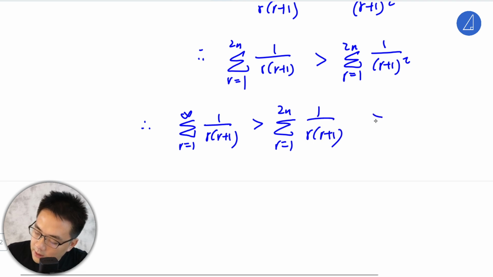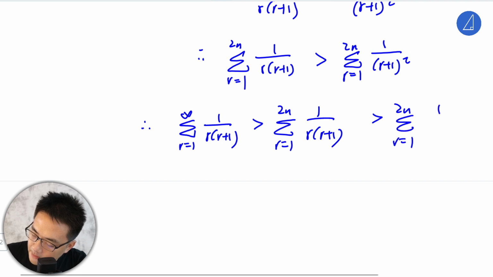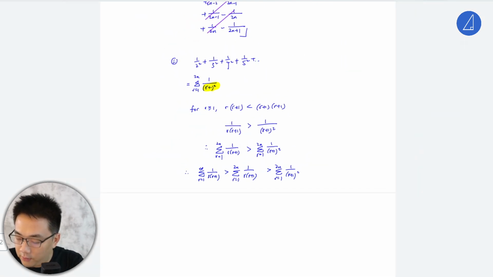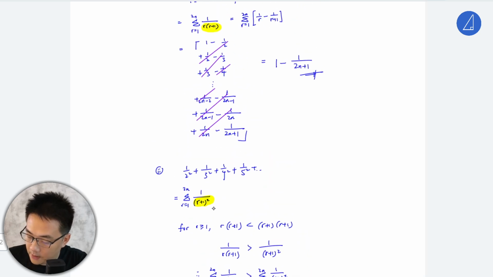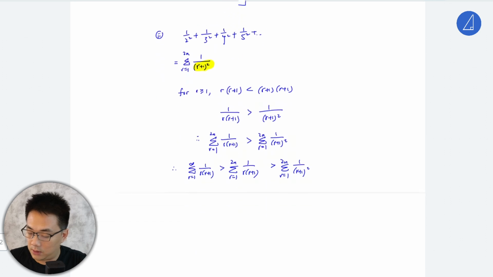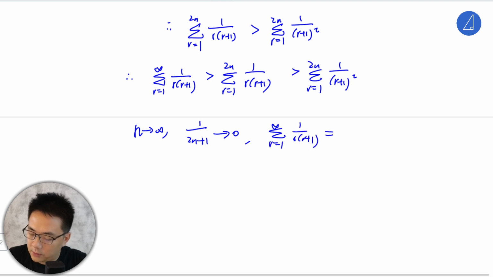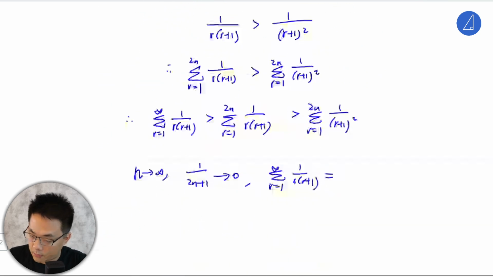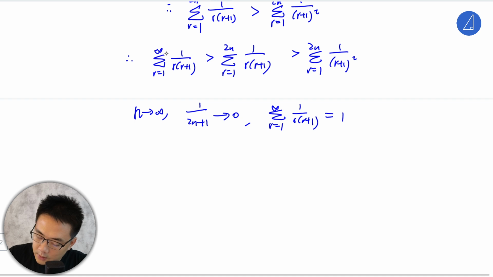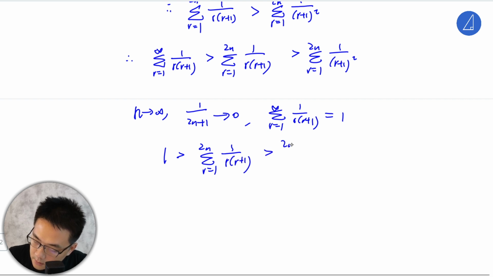Sum to infinity just means that you are looking at the limit as n goes to infinity, where 1 over 2n plus 1 goes to 0. So the summation of r equals 1 to infinity of 1 over r(r+1) is equal to, this goes to 0, becomes 1. Okay, so this equation here will become 1.